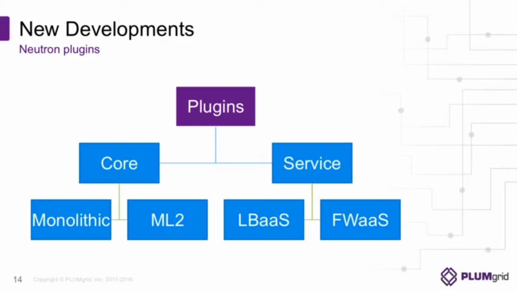So the core plugins are the ones that implement L2 APIs. And a quick word on the ML2. Out of the box with most OpenStack distributions, you will get OVS, Open vSwitch, and ML2 as an ML2 plugin.